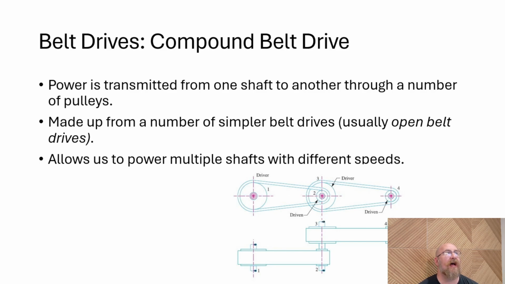And this allows us to have multiple speed settings, because one of the things about belt drives and chain drives is that you have an upper limit of the mechanical advantage that you can get out of one, and it's usually a factor of 3, because otherwise the angle that you see here between the small sheave and the large sheave becomes so great that it loses friction on the smaller one because there's less belt in contact with it.